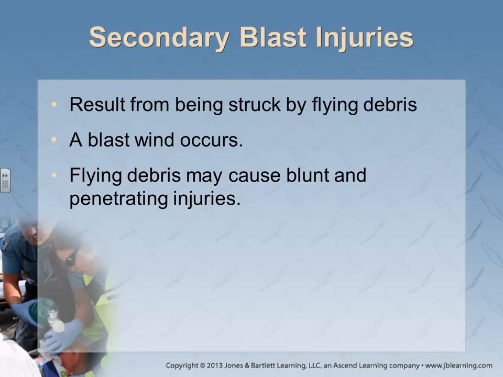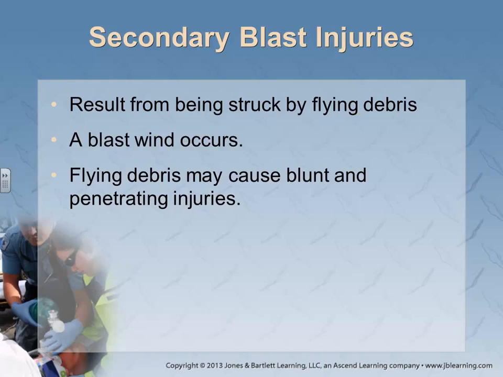The primary is the initial shock wave. Your secondary is what was in the detonation, or what was around it that caused injury after the explosion, the projectiles that went flying. You also have a blast wind, and then the flying debris may cause blunt and penetrating injuries.